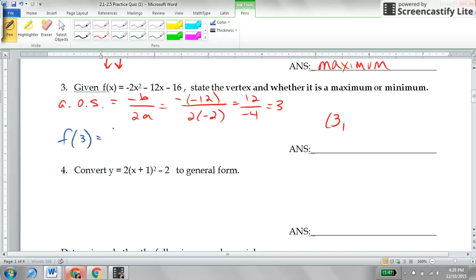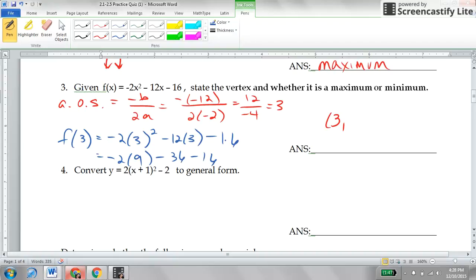Find y. So we'll have negative 2 times 3 squared minus 12 times 3 minus 16. So we will have negative 2 times 9 minus 36 minus 16. So we will have negative 18 minus 36 minus 16, which is a really ugly number.